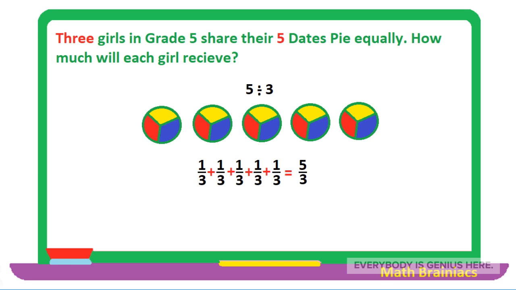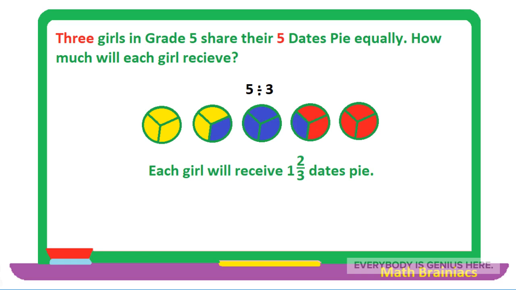In addition of fractions, if the denominators are all the same, we're just going to add the numerators. Accordingly, we can get 5/3. To simplify 5/3, it will give us 1 2/3. It is easy, right? Moreover, if we distribute the colors in each pie, we can give each girl 1 2/3 dates pie.